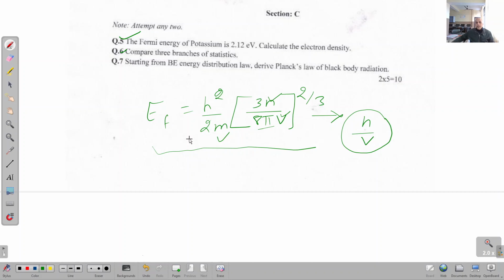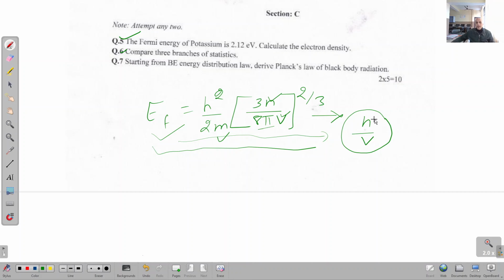So the Fermi energy of any given material is only a function of this factor because other things are constant. We can say the Fermi energy of any material is its inherent property that cannot be altered or changed, right? It depends upon the concentration of free electrons, or concentration of valence electrons.